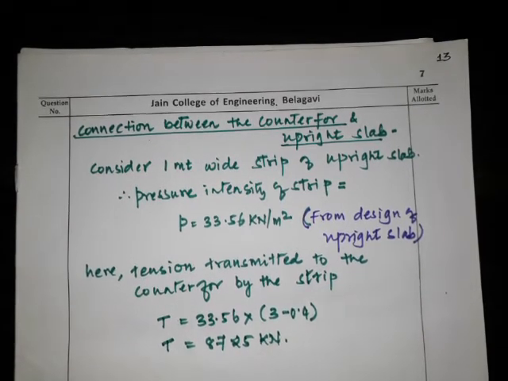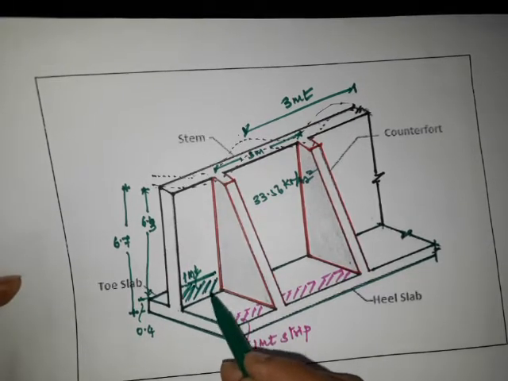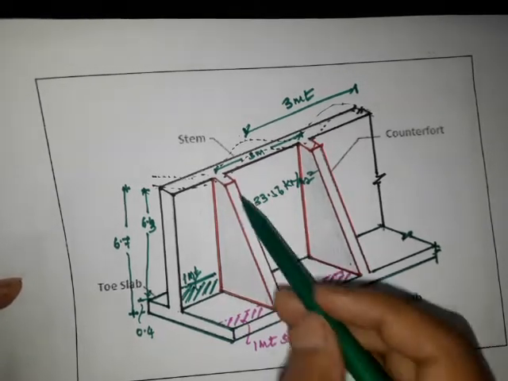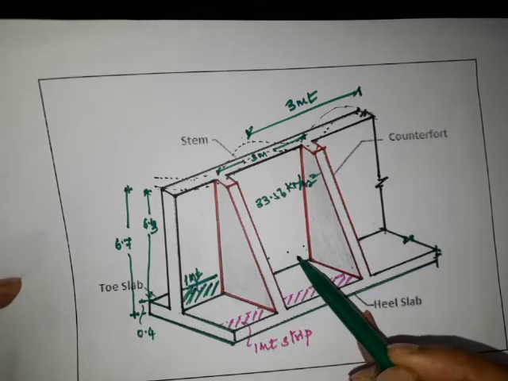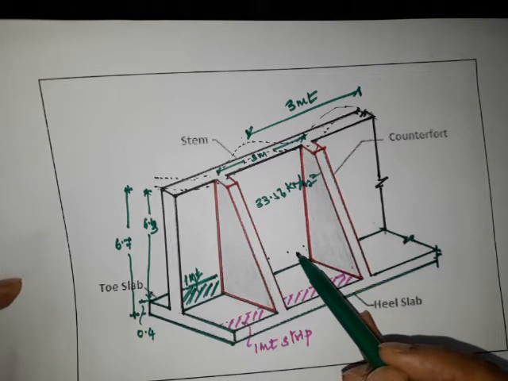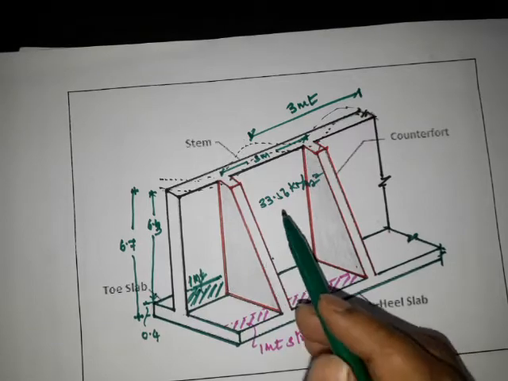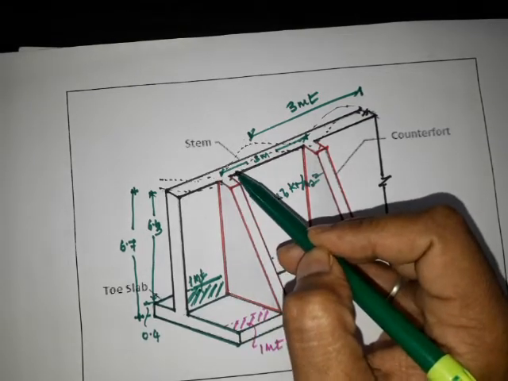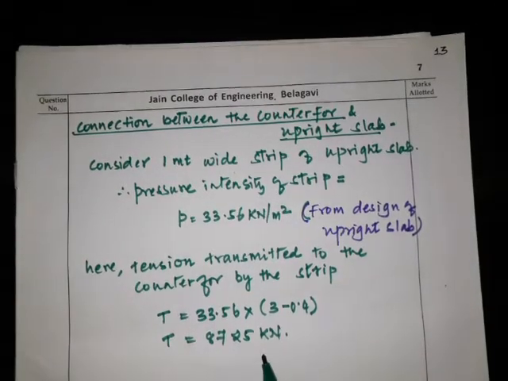The force at the bottom we have considered as 33.56, and that transfers tension to the counterfort, because the soil tries to pressurize the stem, and whatever pressure is transferred over the stem will be transferred to the counterfort. The total is 3 meter, and 0.4 is the thickness of the counterfort, so 3 minus 0.4. Clear? So that is 87.25 kilonewton.